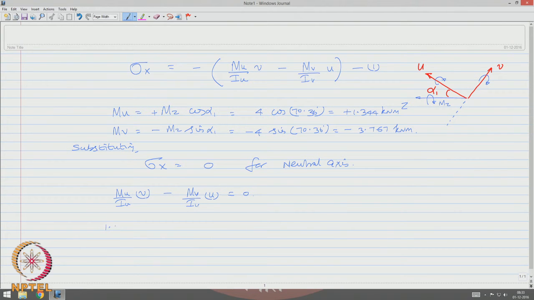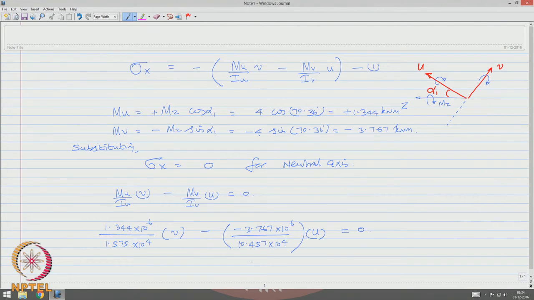So, 1.344 by Iu, 1.575 into v, minus Mv is negative, so minus 10 power 6 by 10.457 10 power 4 of u is set to 0.